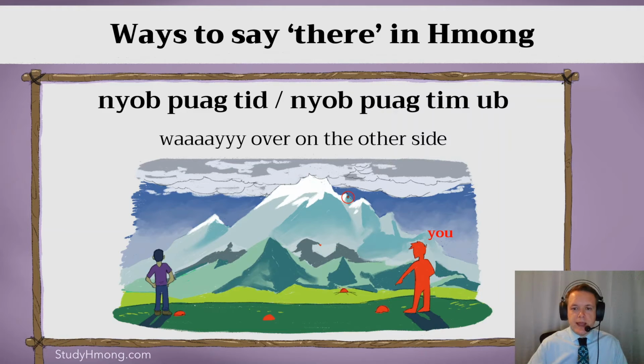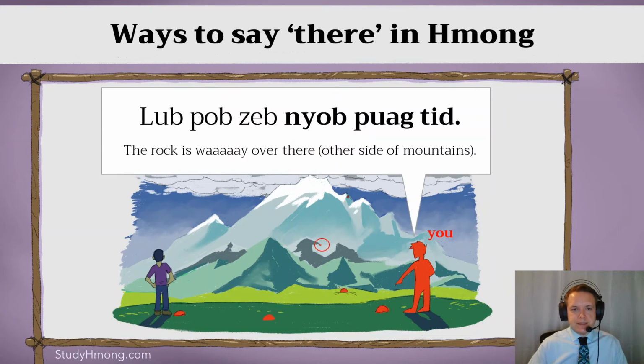So it's way over there on the other side of all these mountains, or it's way again adding "u" to specify the other side of some barrier. Yapo de "u" refers to way far over there on the other side. So in a sentence, "Lu paje yapo de." The rock is way over there on the other side of all these mountains in between.